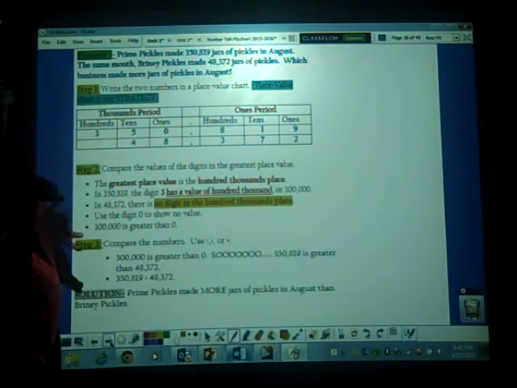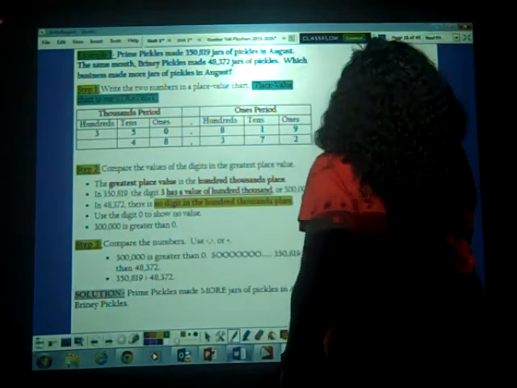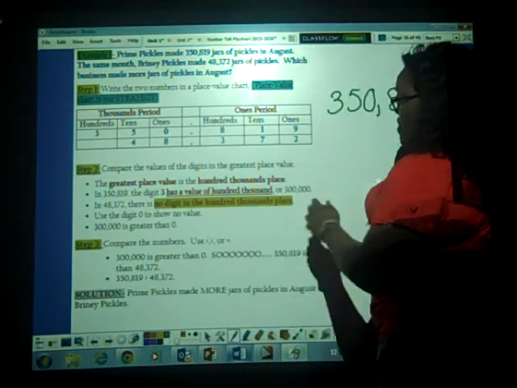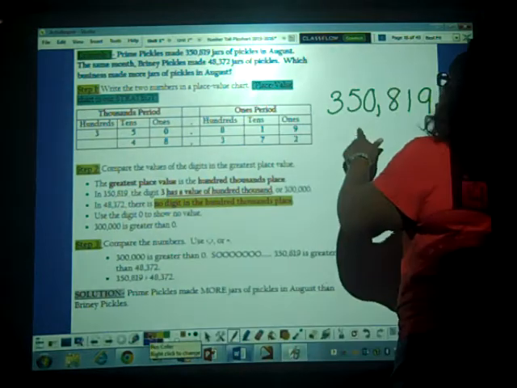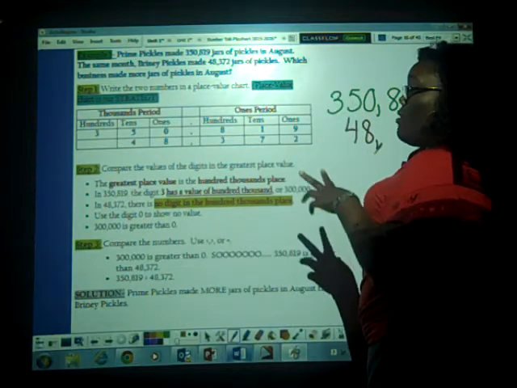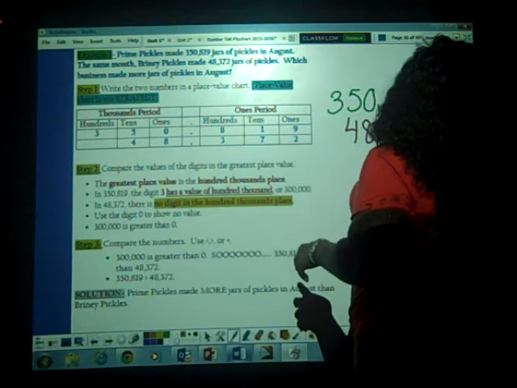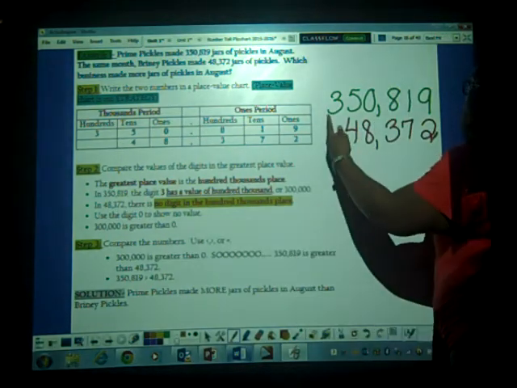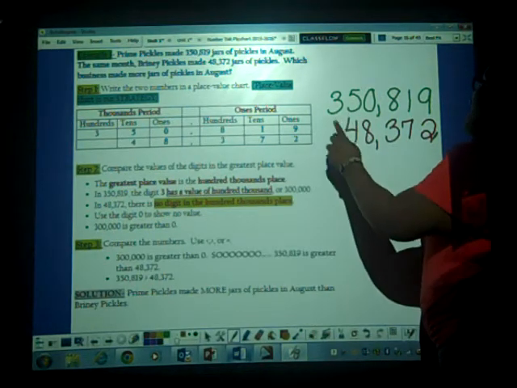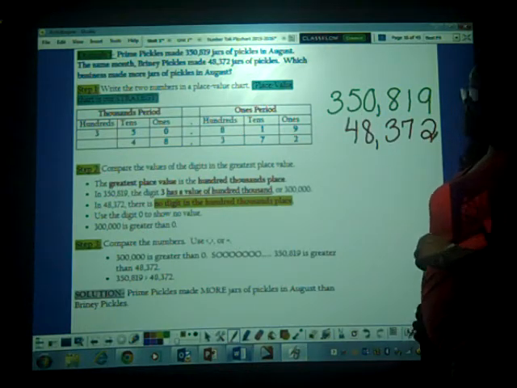Well, I bet you some of you guys, especially my TAG kids, you're probably looking like, Miss Davis, we can already see, just by looking at this, if I stack them, I can already see, wait a minute, 350,819 has more numbers within the multi-digit number.